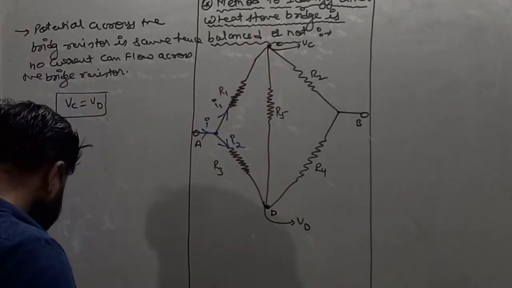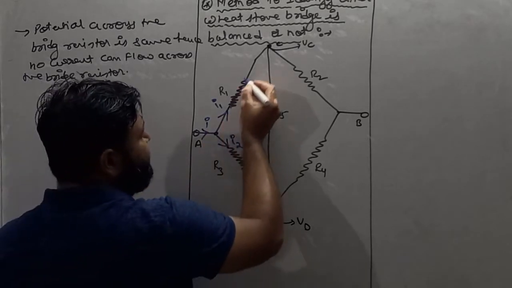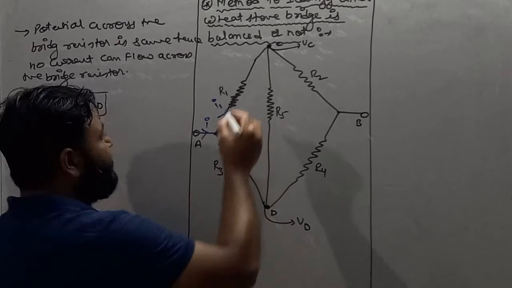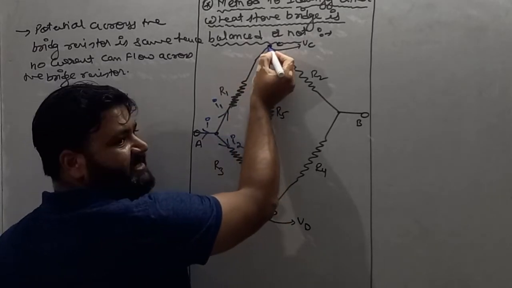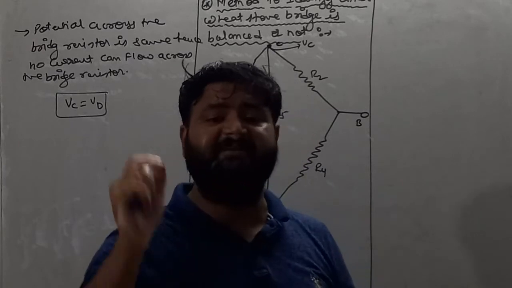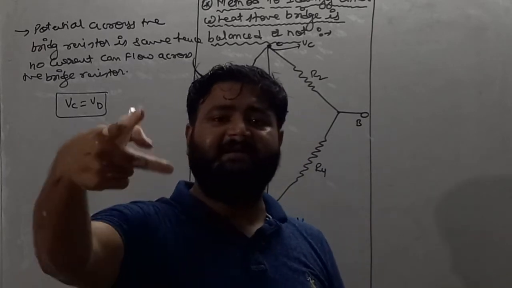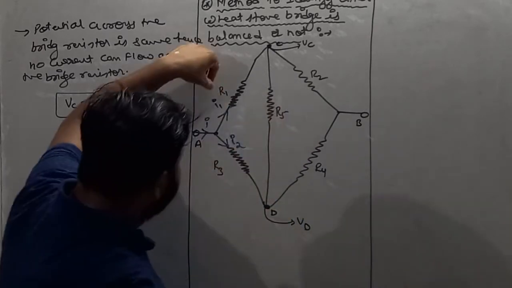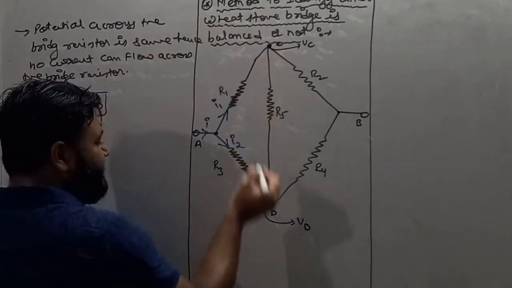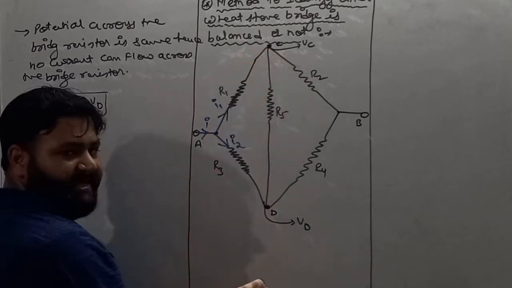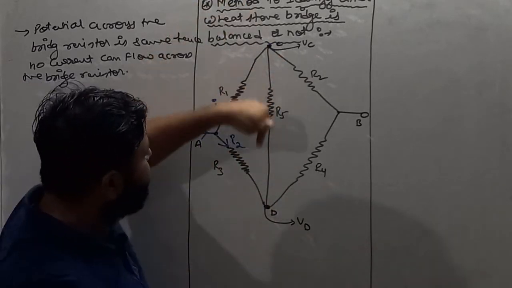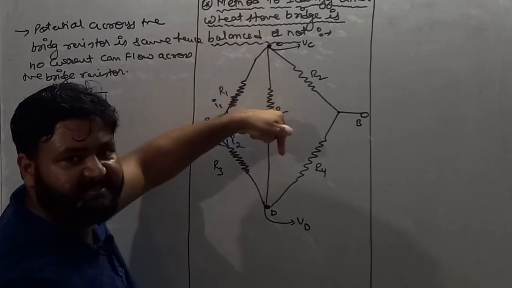Now this current I1 moves in this direction and I2 current moves in this direction. Here I1 current finds a junction. We know that if current finds any junction, then current is distributed. But as we know the potential across the bridge resistor is the same, no current can flow across this bridge resistor, dear student.